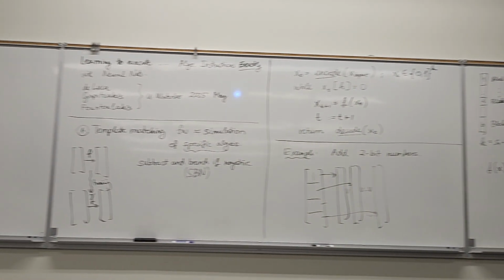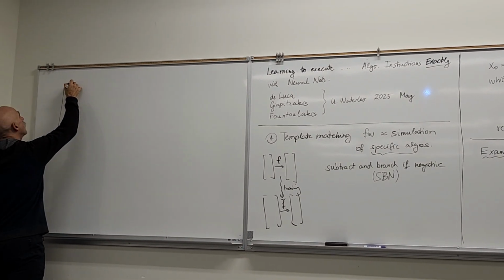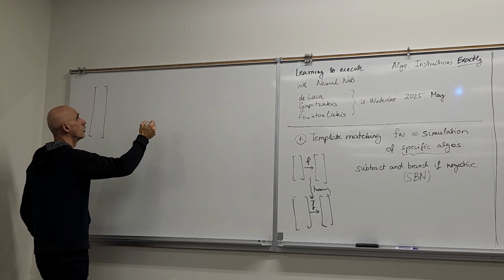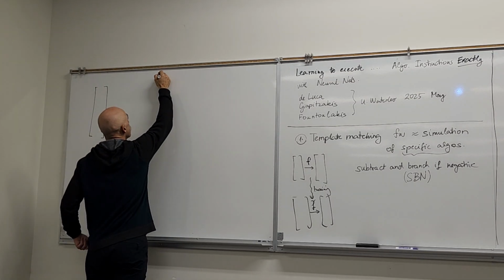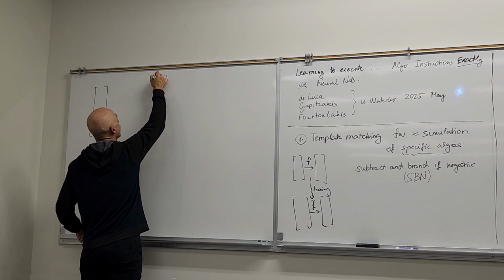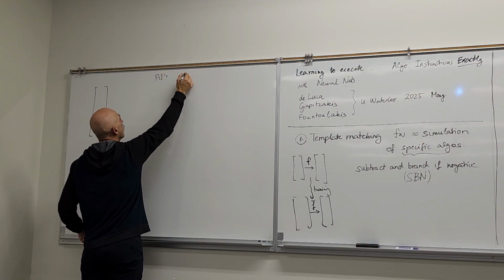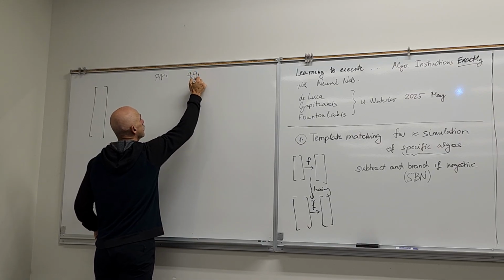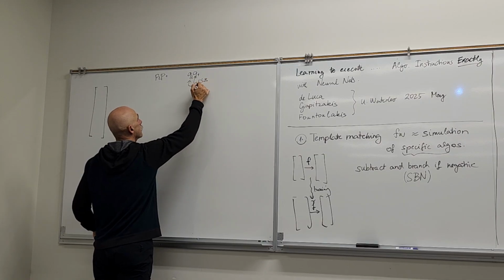When you add 2-bit numbers, the block structure is going to be: you will have one number that is P1, P2, and another number which is Q1 and Q2. This is the least significant bit, and this is the most significant bit.